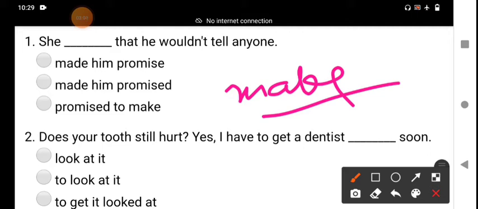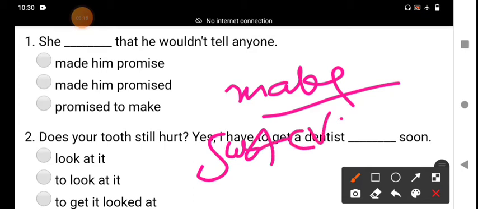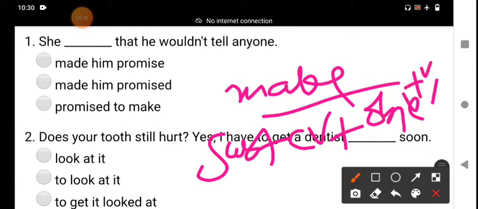And make is to force or compel to do something. The structure is the subject plus causative verb make plus object, either a person or thing, plus V1. That is the structure.